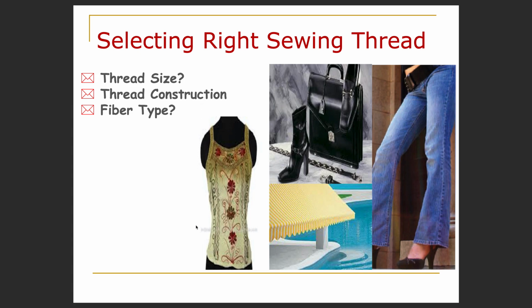Why Z-twisted sewing thread is used on lock stitch machine? Now this is a very important question, because in lock stitch, when stitching is taking place, needle also has a tendency to insert some twist into the sewing thread, and the needle is inserting the twist in small magnitude, but it is in Z direction.